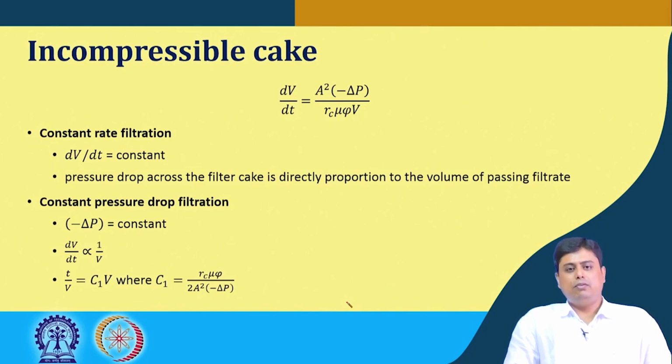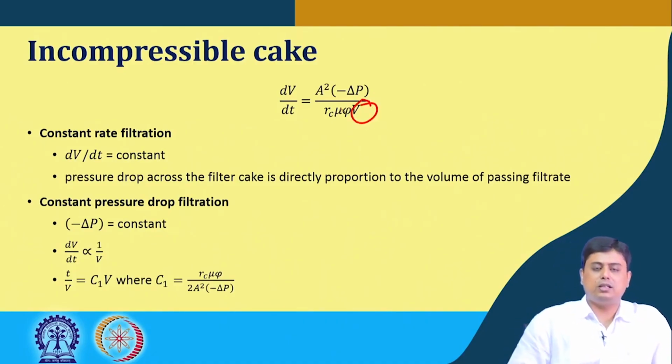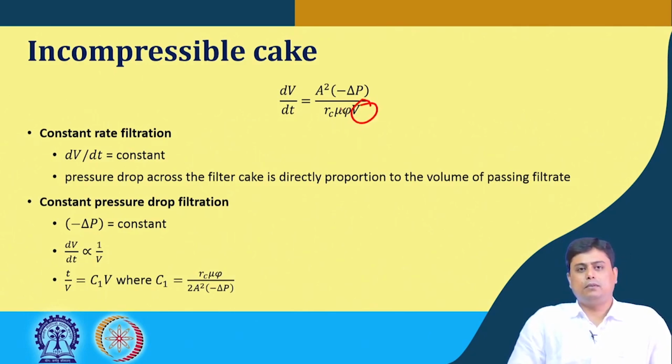Or in the other case, if you keep the constant pressure drop, which is the most frequently occurring scenario, where we operate the filtration process under a certain pressure drop, then we see that this filtration rate, basically the volume of filtrate that is passing, would decrease.